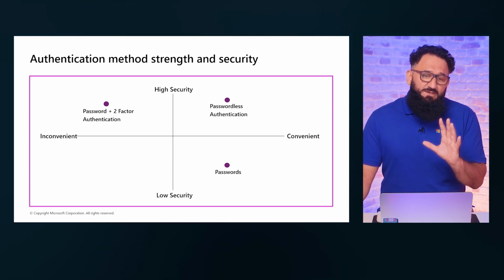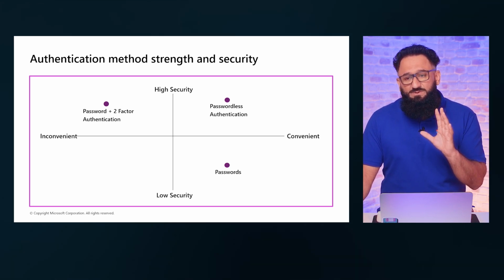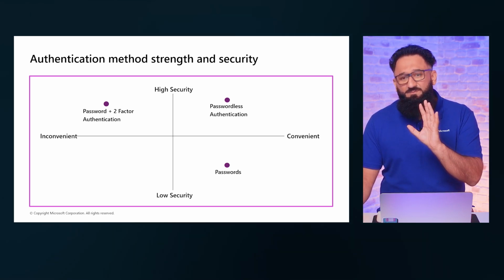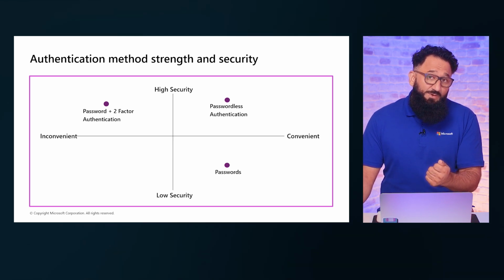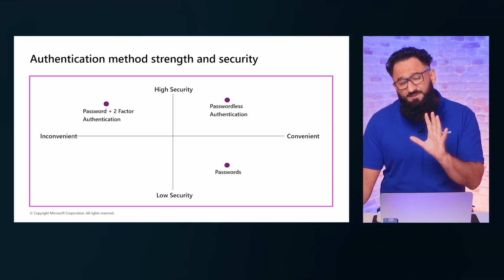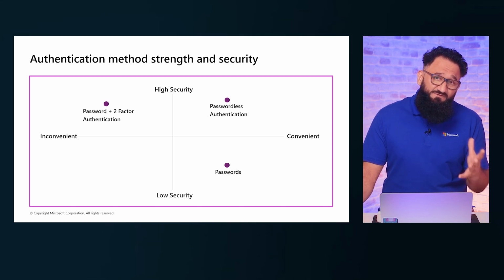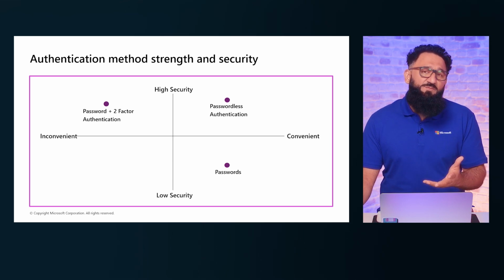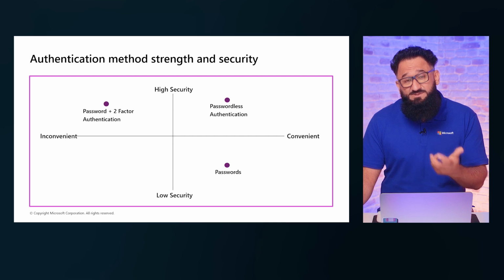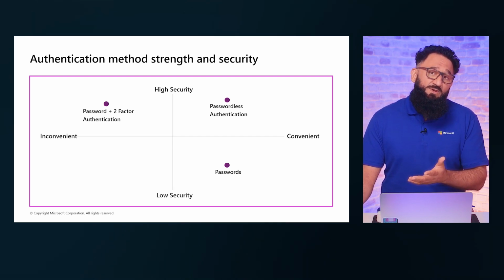Simply because if you're asking people to work with just a password, it might be very, very convenient for them, but it's low or weak for us in security. If we add a lot of different factors for them to work with, it becomes very secure, but inconvenient for people to perform this. So they try and avoid this or perform this as quickly as they can so they can carry on working.